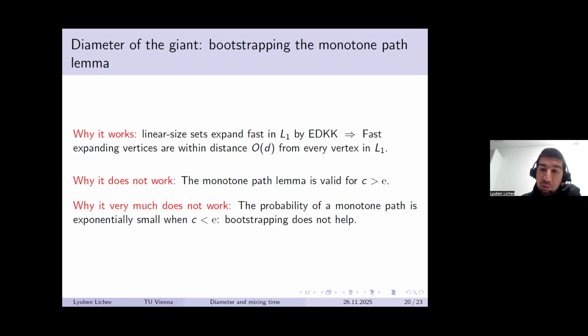So even if our probability was a little bit smaller than constant, then probably we could work with it. But unfortunately, it is not. So when your constant c is smaller than e, not only the probability of such a monotone path is small, it is actually exponentially small in the dimension. So it's so small that the previous bootstrapping strategy is actually useless, so we cannot use it.